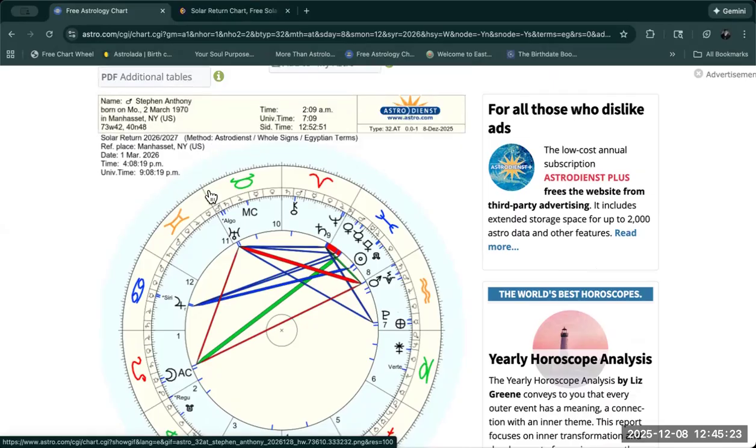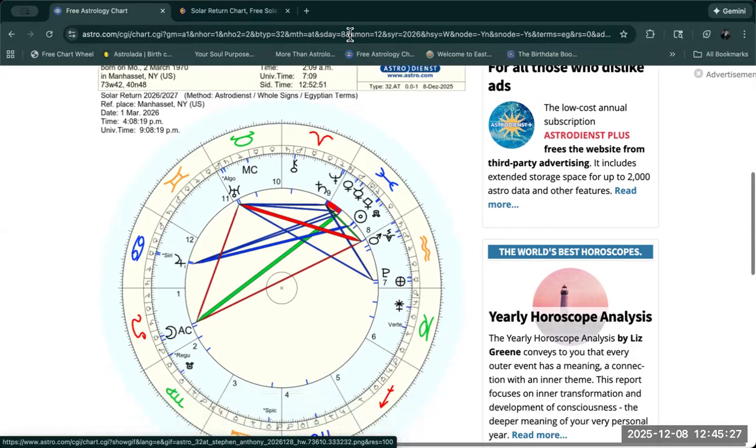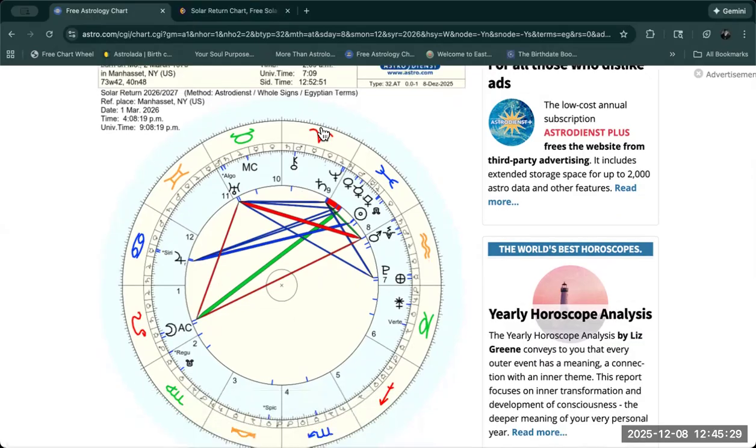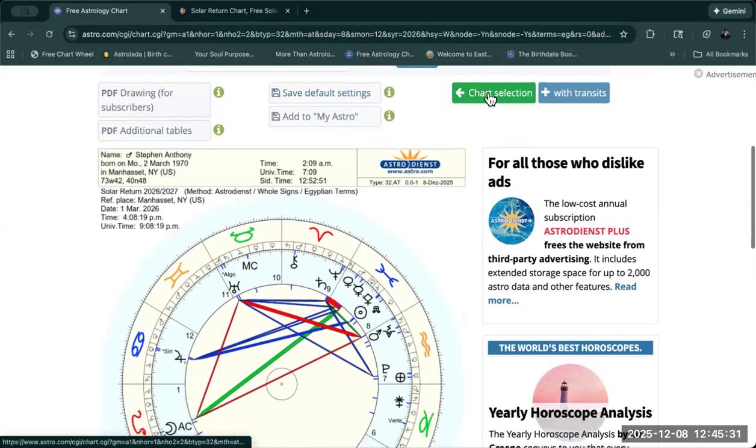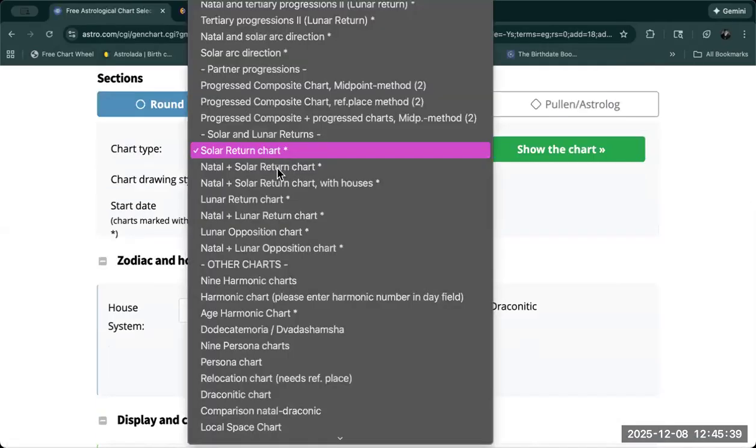I was born in Manhasset, New York. So yeah, I'm going to go back to chart selection, and then I'll share with you the natal and solar return chart.